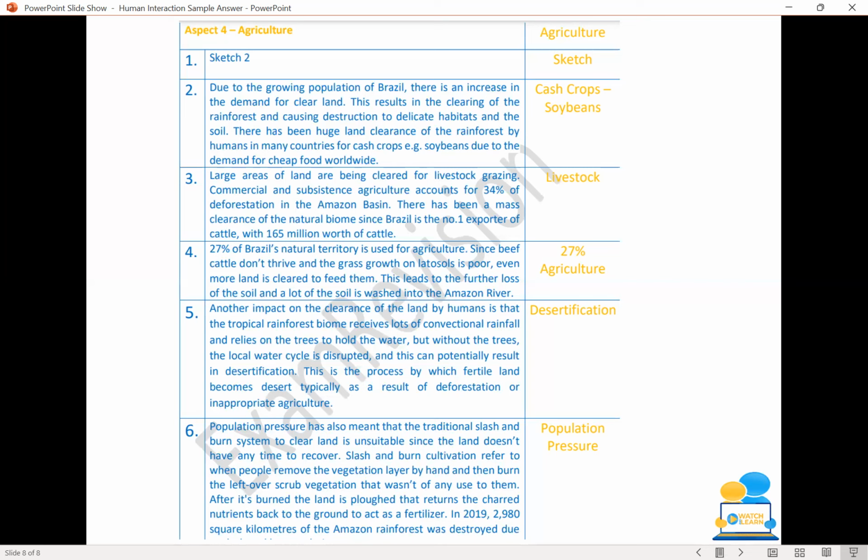We also put in our labelled diagrams at the end, while throughout the answer, we've used specific facts, statistics, and examples to show the examiner we know what we're talking about and to back up what we're saying. So if you could recreate something like this in an exam, you would be hoping and should get full marks for this particular question.